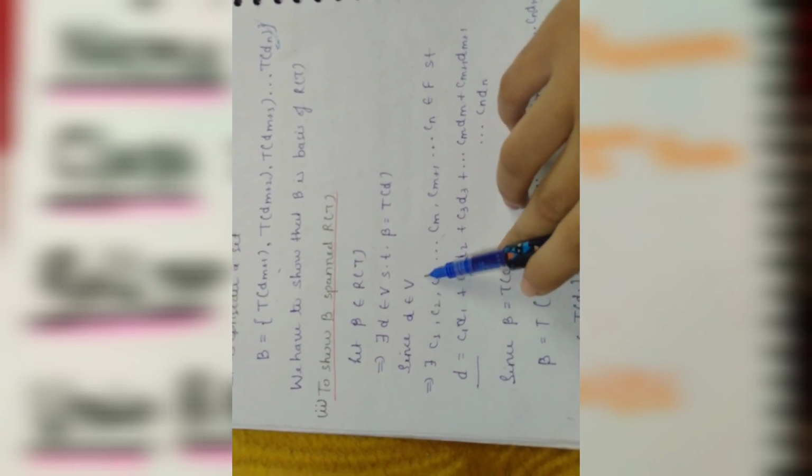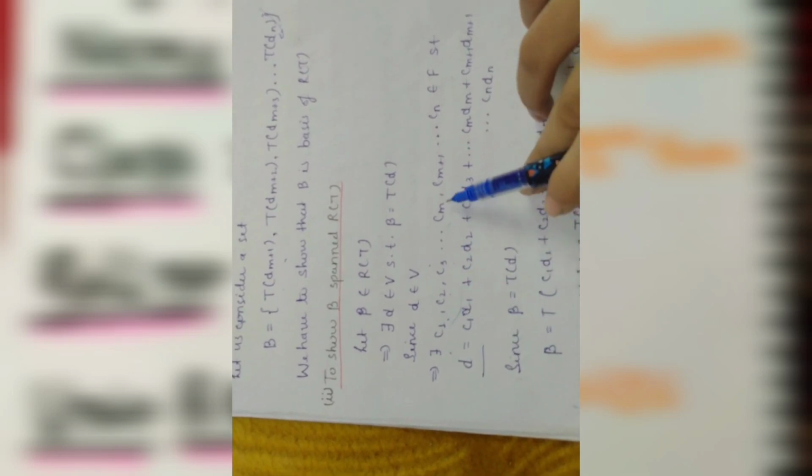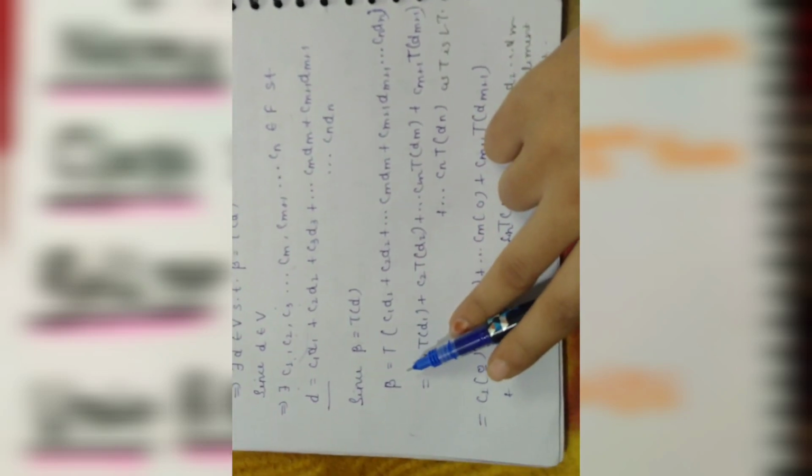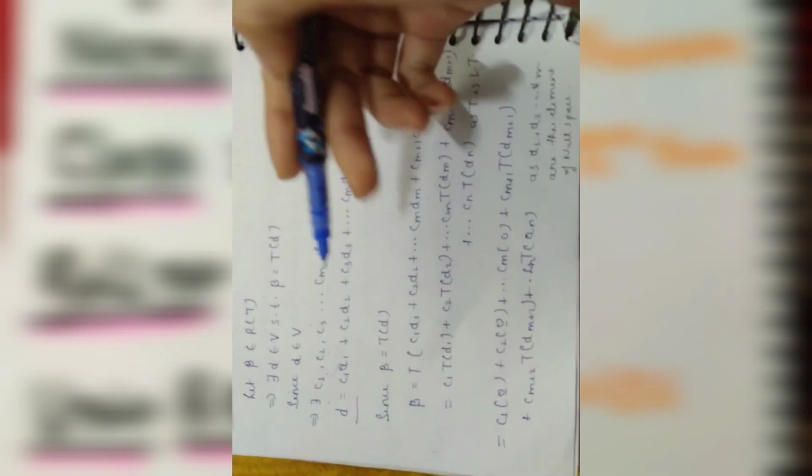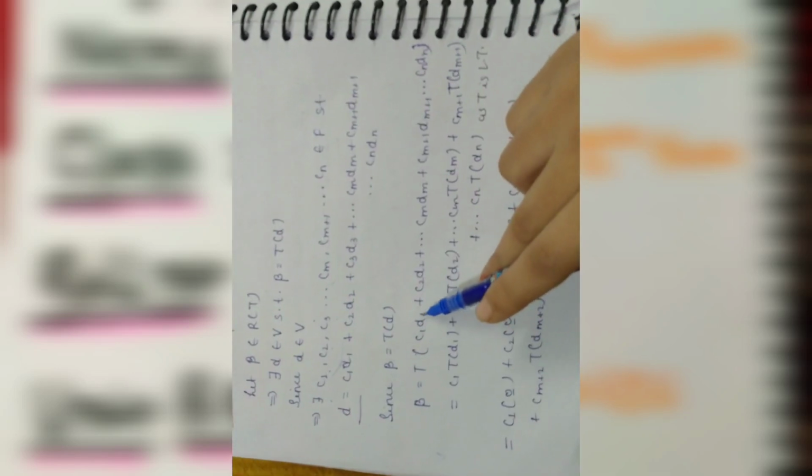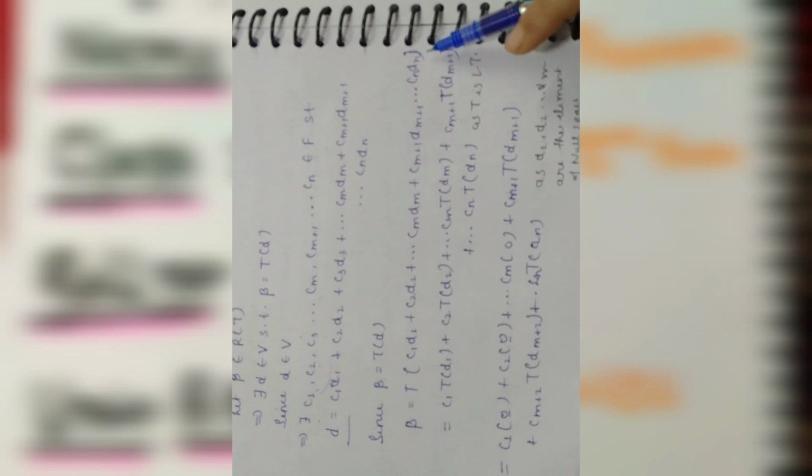Since alpha belongs to V, there exist C1, C2, up to Cn, all constants belonging to the field, such that alpha is equal to C1 alpha 1 plus C2 alpha 2 plus C3 alpha 3 plus and so on up to Cn alpha n. Here beta is equal to T alpha. So beta is equal to the transformation of this whole expression, the image T of C1 alpha 1, C2 alpha 2, and so on up to Cn alpha n.